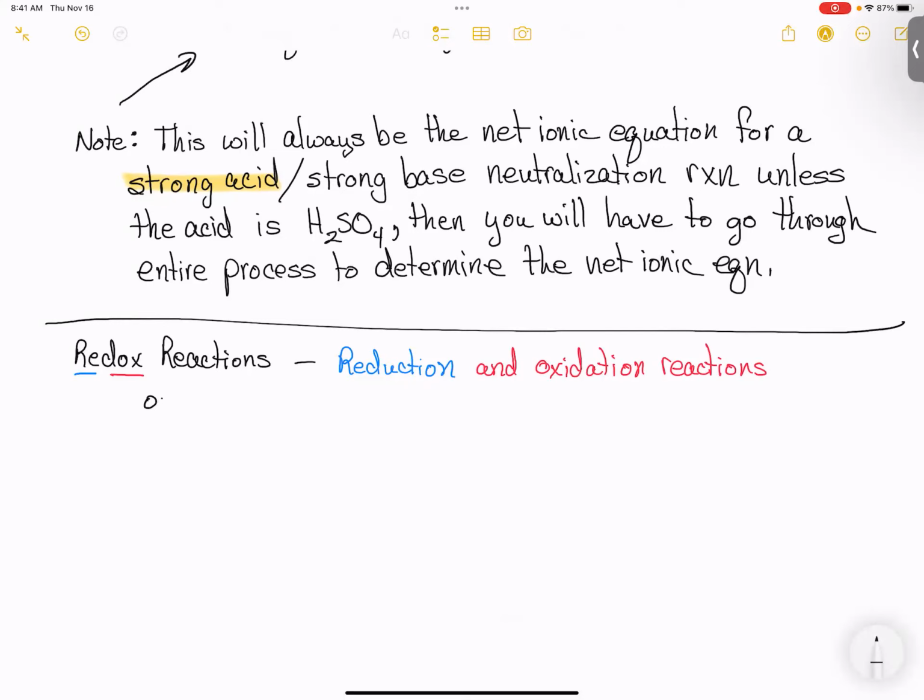Oxidation and reduction have to occur simultaneously. You can't have one without the other.